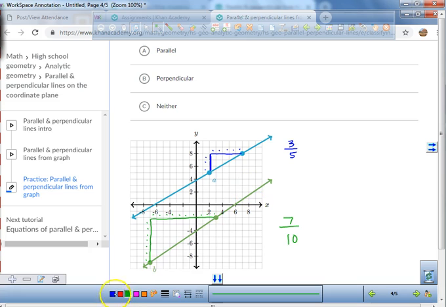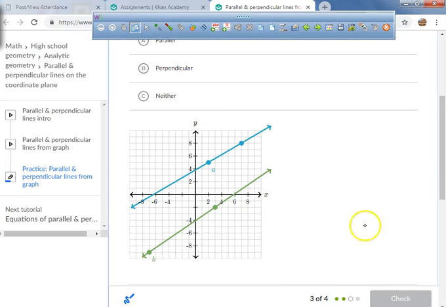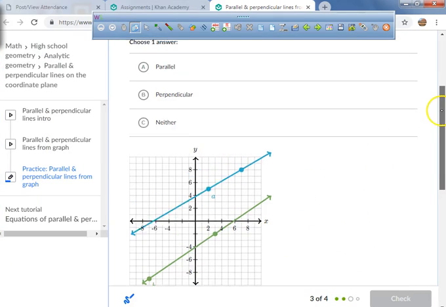3 over 5. If you converted that to a decimal, that's 0.6 or 6 tenths. 7 over 10. If you convert it back to a decimal, that's what? 7 tenths. Are those slopes exactly the same? They're not. These slopes are not exactly the same. So even though, if you just looked at it, what might be your first response?